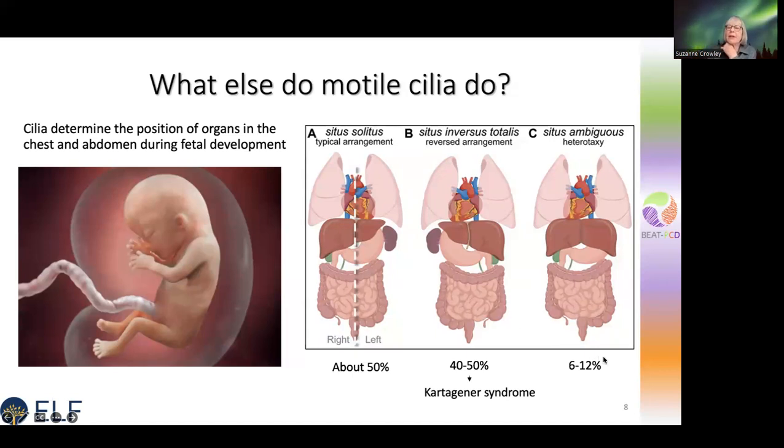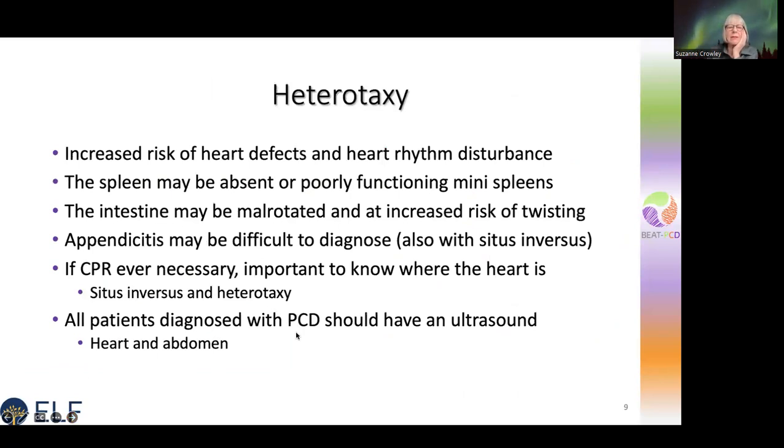And then we have another condition called heterotaxy or situs ambiguous. And what that means is that the position of the organs is a bit jumbled. And this occurs in 6 to 12% of people with PCD. And this is important, as I'll tell you a little bit now.